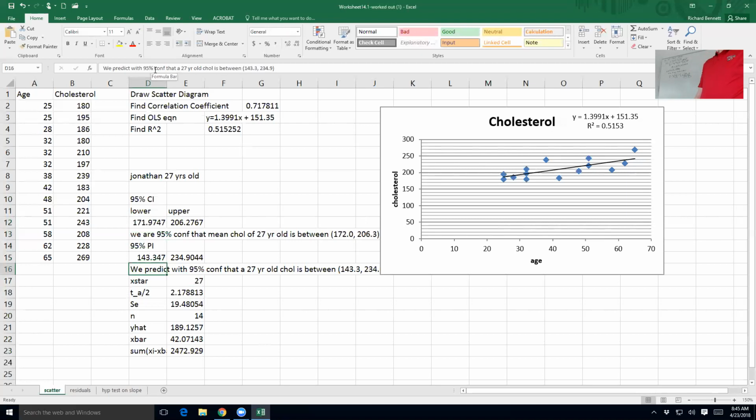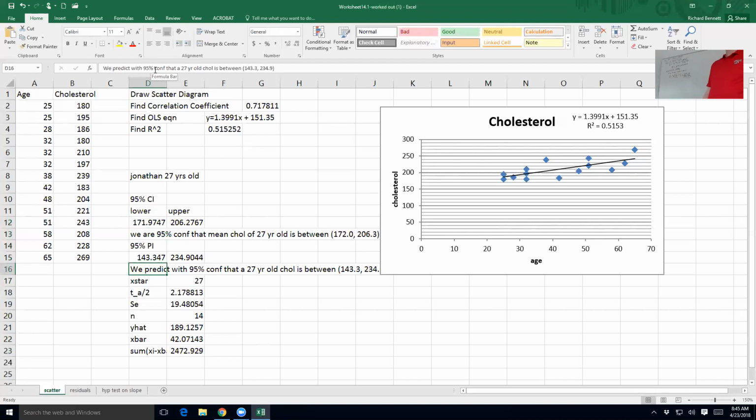It wouldn't be surprising because that's within the prediction interval. So he's significantly below the mean, but he's probably within normal limits on the low end of normal. Then we would say, well, good, you're not going to have a heart attack.